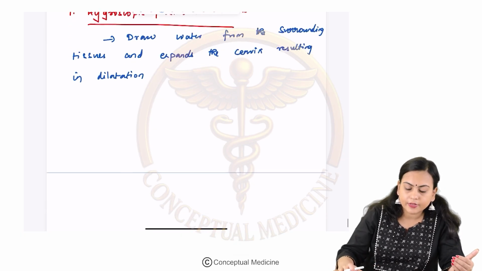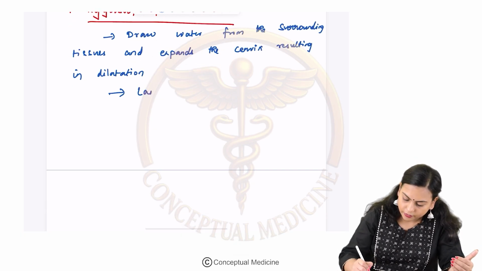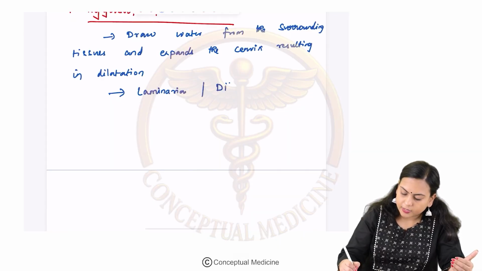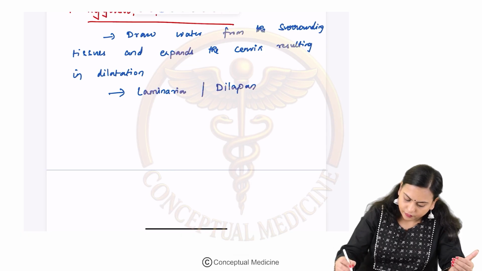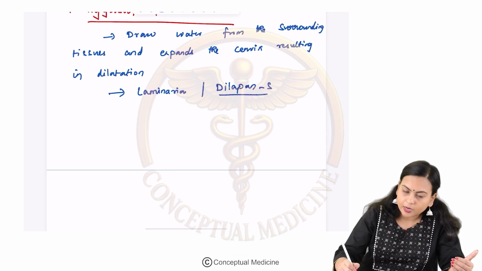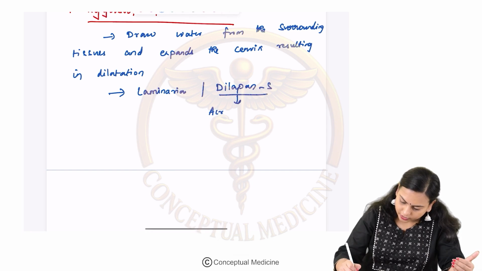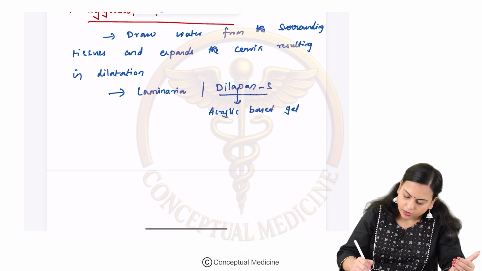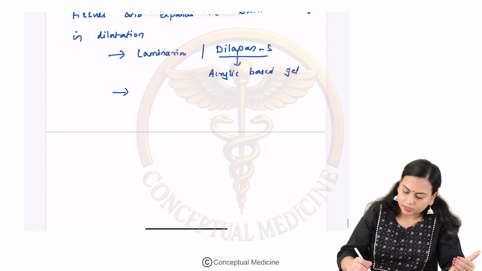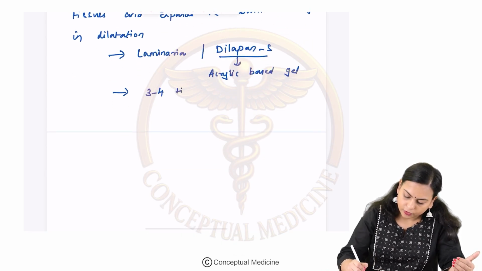Okay, usually we can use laminaria or Dilapan-S. This Dilapan-S is an acrylic based gel. Okay. What happens is it will expand to 3 to 4 times of its original size.